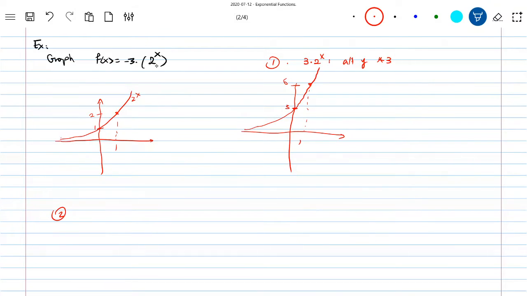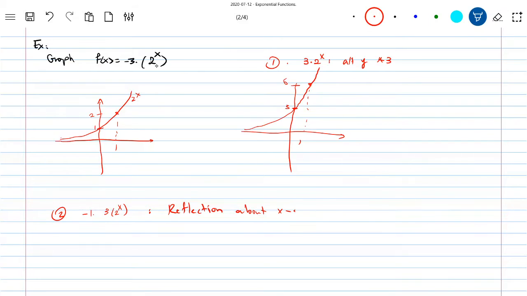Step 2, if you multiply that negative times 3 to the power x, we already have the graph of 2 to the power x. If you multiply a negative there, this is -1. You can think about that. If you multiply a negative, this is a reflection. True to transformation, we discussed this. Reflection about what axis?